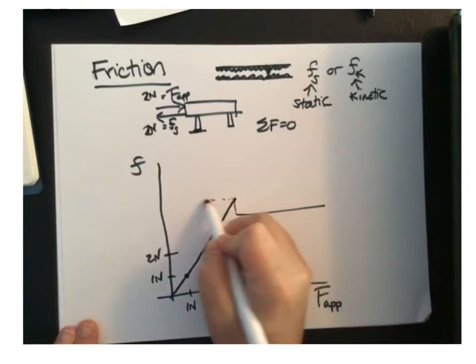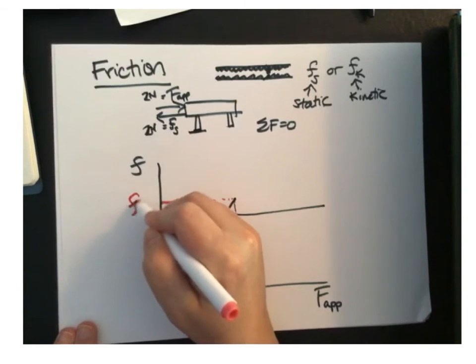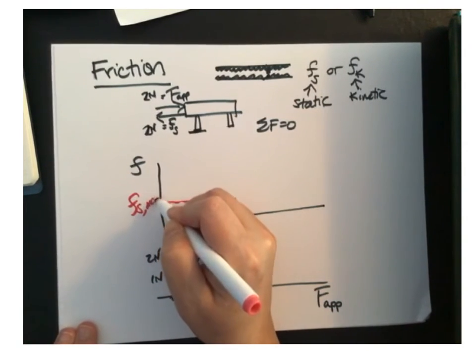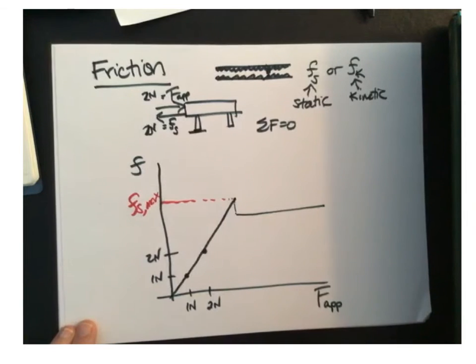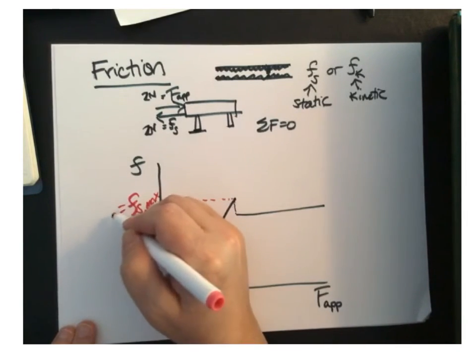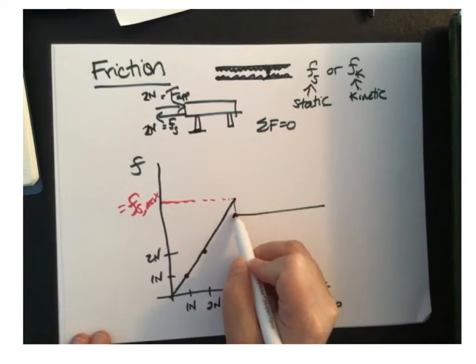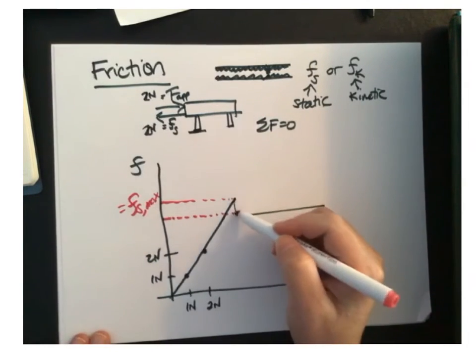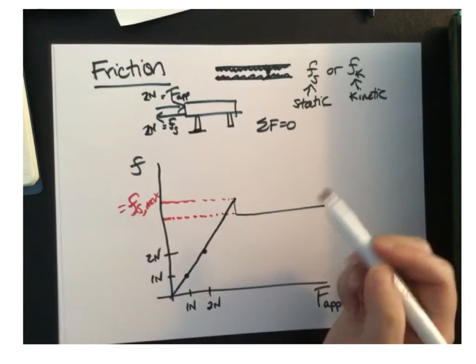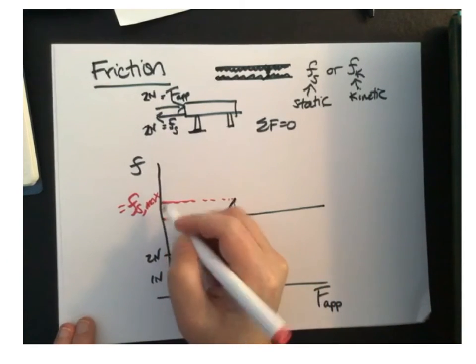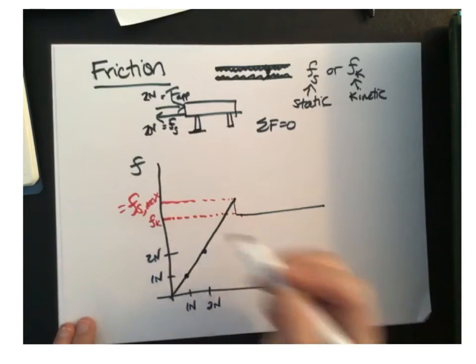This is the maximum static friction force, okay? And we'll say what that's equal to in a second. And then all of a sudden it turns into kinetic friction, okay? And so that is kinetic friction.